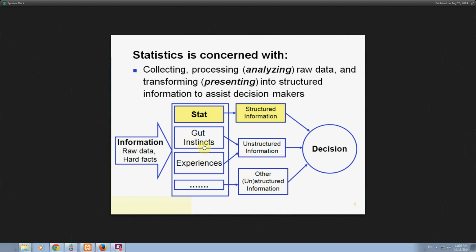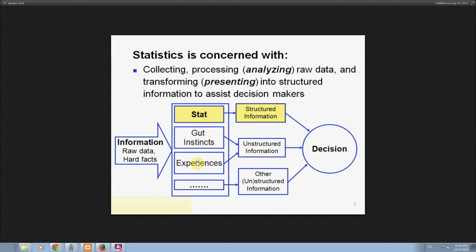Those are perfectly fine ways to make your decisions if you are looking for just a way to make a decision based on information. But that's not necessarily going to be objective and reliable.